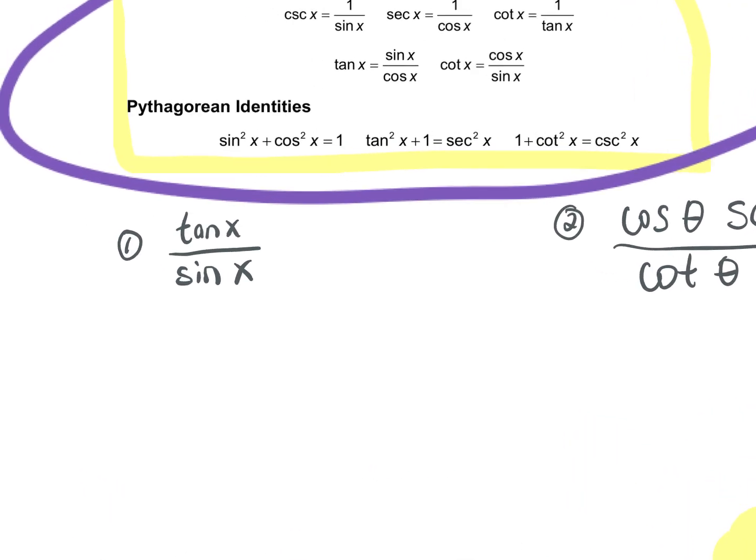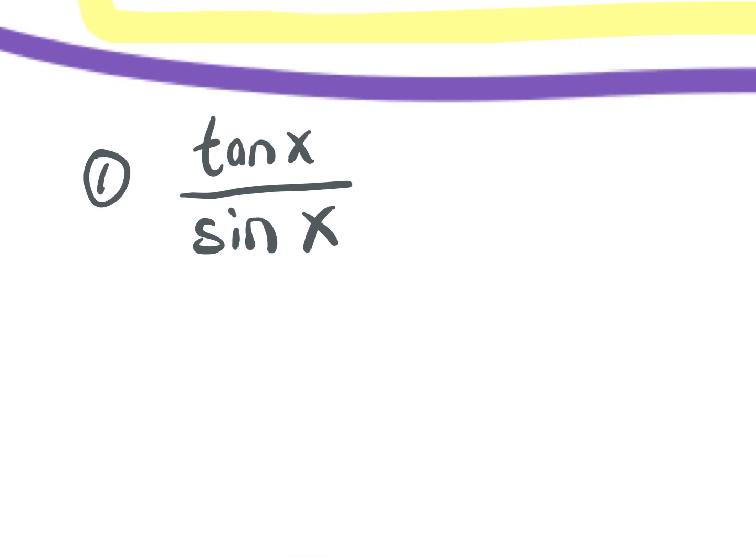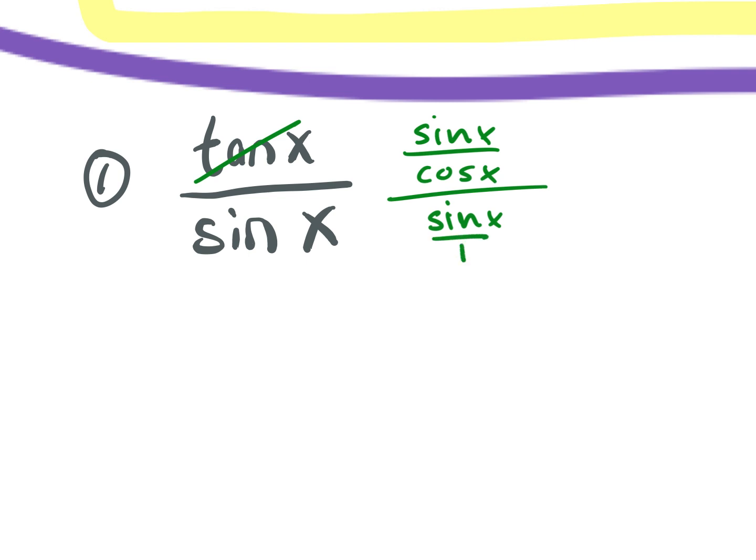So looking at number 1, how could I simplify? Awesome. We can change tangent to be sine over cosine. So we have sine of x over cosine of x over sine of x. What can we do next? Keep, change, flip. We have a fraction and a fraction. So the sine on the bottom, I'm going to make sine over 1.